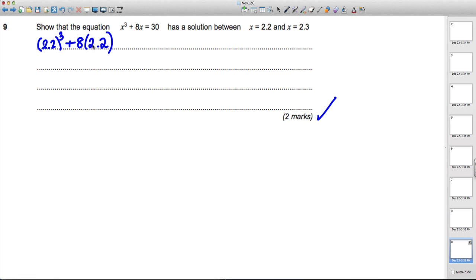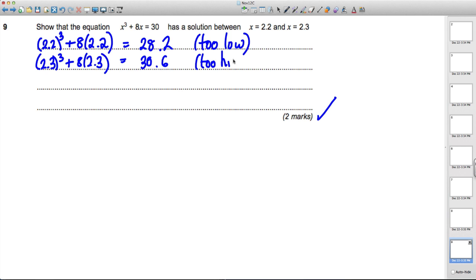And when you do that, you get the answer 28.2, which is not 30, it's too low. Now if you work out 2.3 cubed plus 8 multiplied by 2.3 on your calculator, you actually get 30.6 to 1 dp, and that is clearly too high.